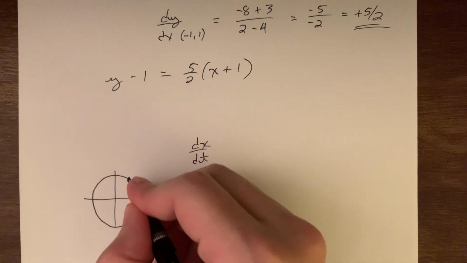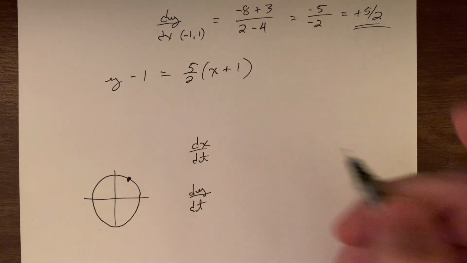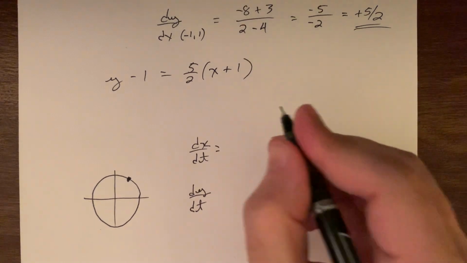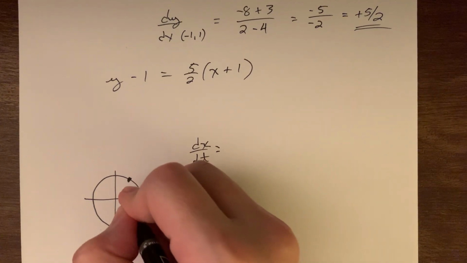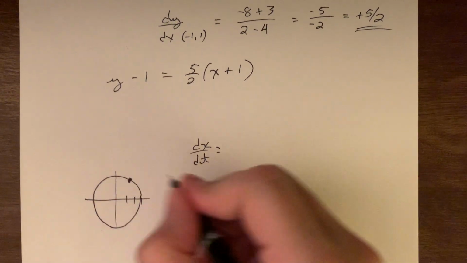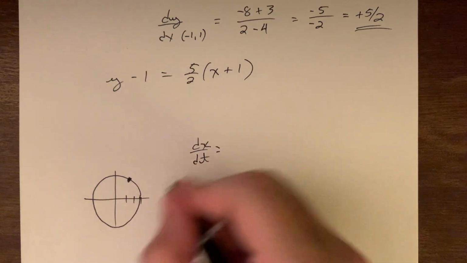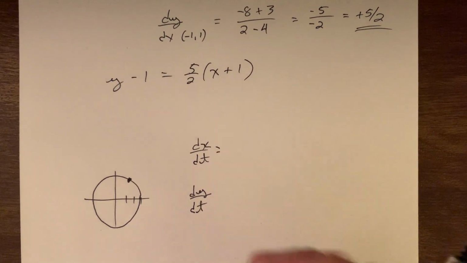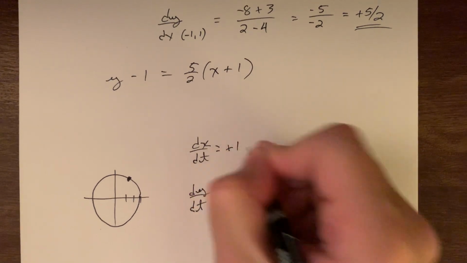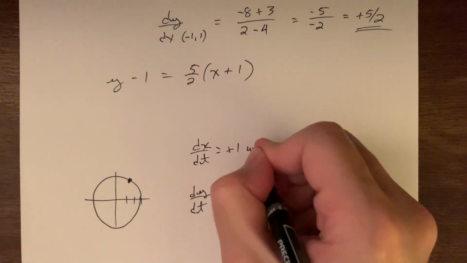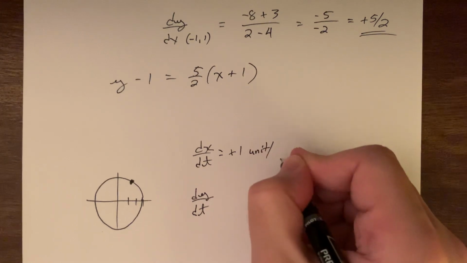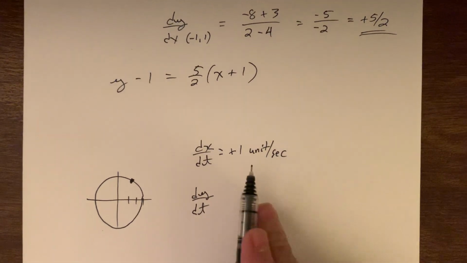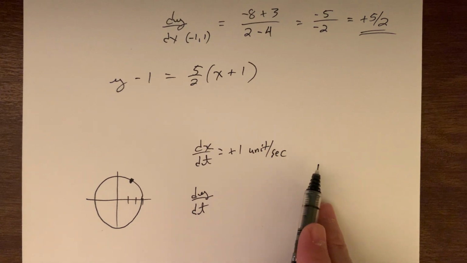So that if I'm at this point on the curve and I know dx over dt is, let's do 1, 2, 3. Yeah, this will work. I don't want to go too crazy with scale or anything here, but let's say dx over dt is +1. We'd have to think of that as +1 unit per, and there's some aspect of time here, so let me use seconds. +1 unit per second.